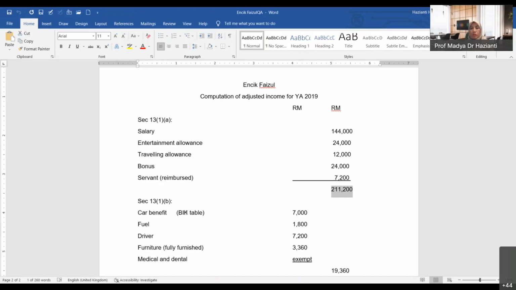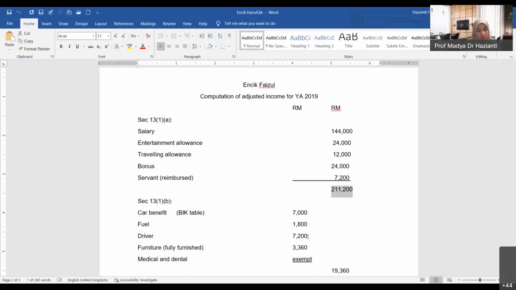Okay, he gets this car for one whole year, so we do not need to portion it. This question is a bit straightforward, the full year. So for car benefit, the car price of 160,000 is between 150,000 and 200,000. So the car value is 7,000 and the fuel is 1,800. Now he gets a driver.